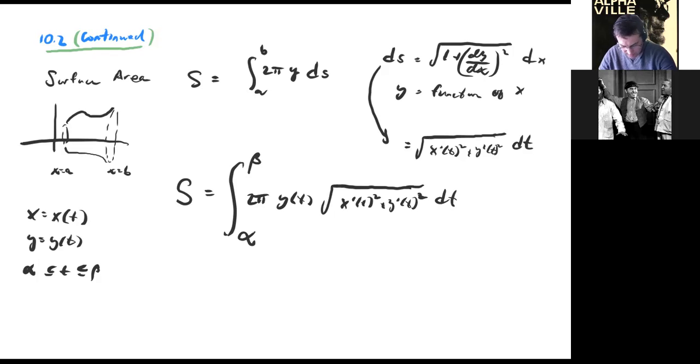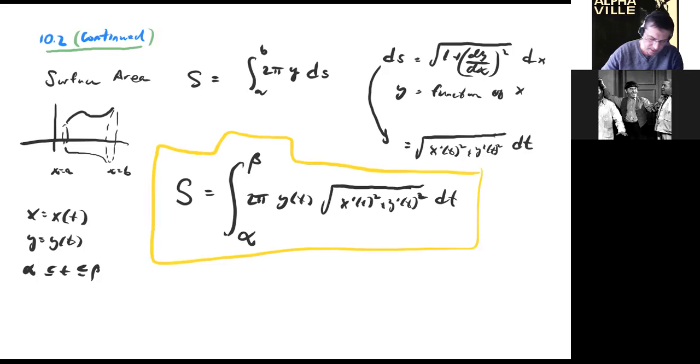And that is the formula we're going to use to do the calculations. Having that square root there makes it somewhat difficult to do many of the integrals which arise, and so the book has to choose the examples very carefully.